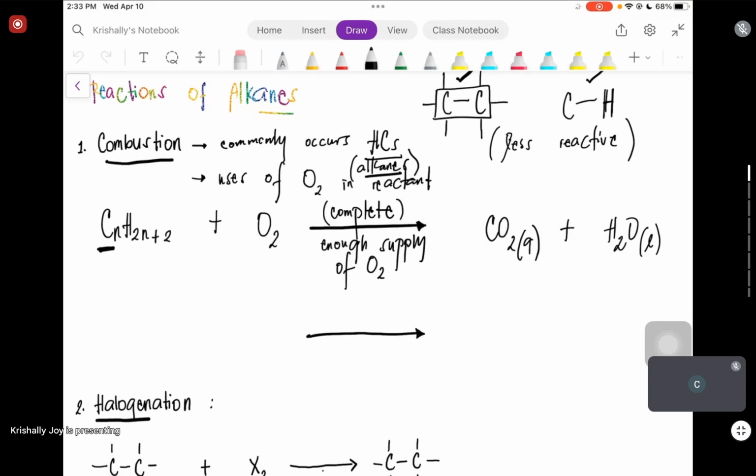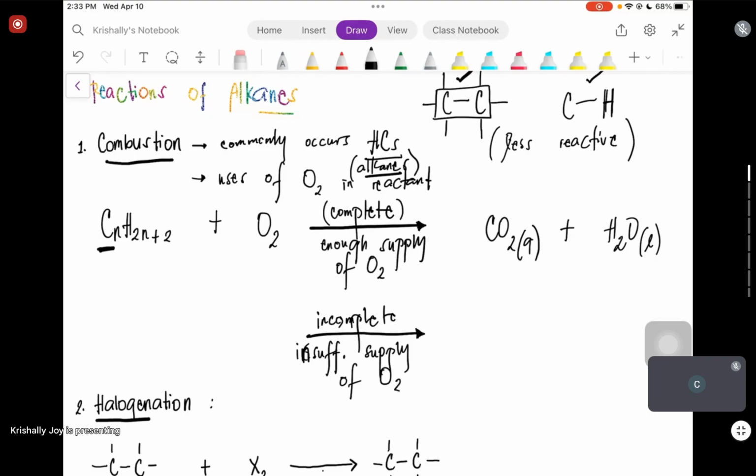But we have another type of combustion. We call it incomplete combustion. When is it incomplete? Kapag insufficient yung supply ng oxygen in the chemical reaction.